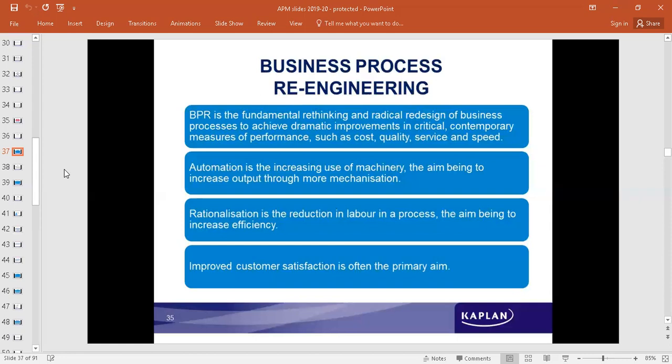But why is there a need for radical change, radical redesigning? See, in organizations where the work is carried on manually, no matter how many improvements are brought about in that manual work, it is definitely not a match to automation, to adopting technology.